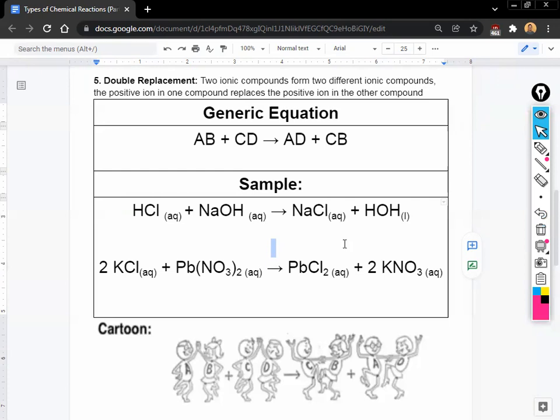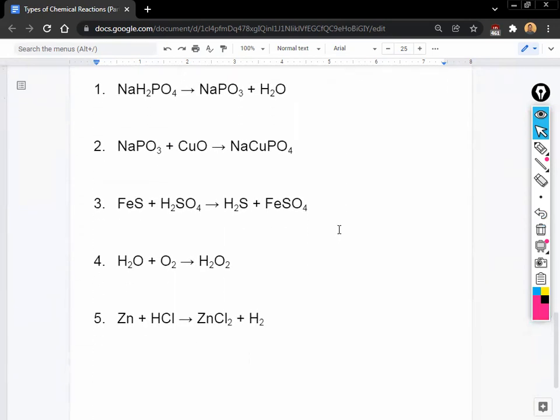Just write down: is it a synthesis, decomposition, combustion, single replacement, or double replacement? Just in your notebook, write number 1, 2, 3, 4, 5. I'll give you about 2.5 minutes to do this, and then we'll go through each of them and see if we all got the right answer. Feel free to work with the person next to you, okay?